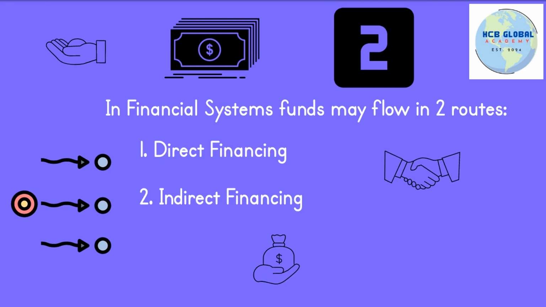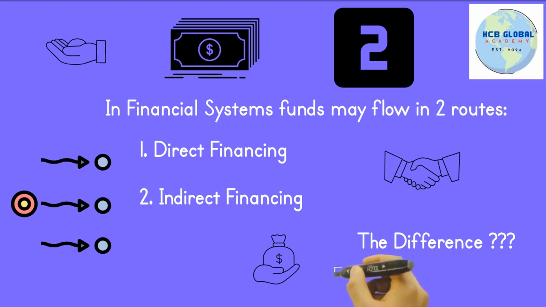Borrowers recognize financial instruments as liabilities while lenders recognize these as an asset. Buying stocks directly from a company is also considered as direct financing. In the indirect financing route, the borrowing activity between both parties still happens, though indirectly through the intervention of a financial intermediary. So the difference between the two routes is financial intermediaries.